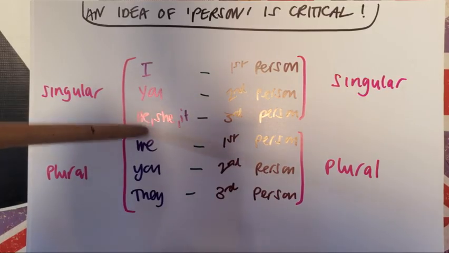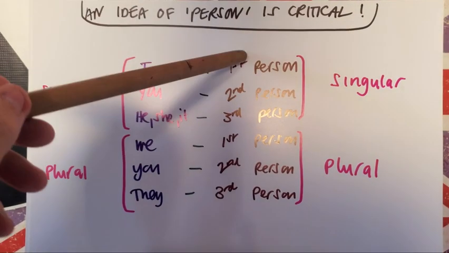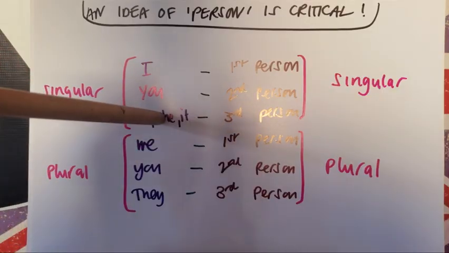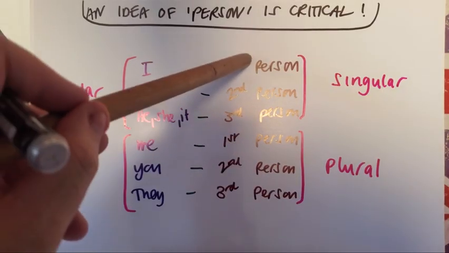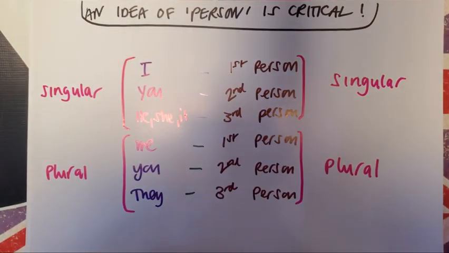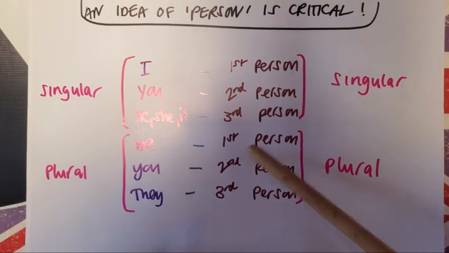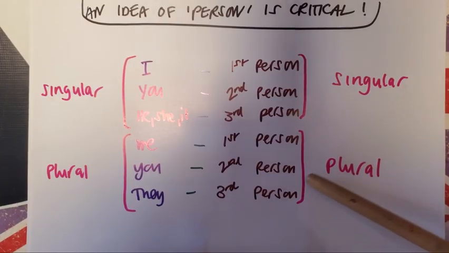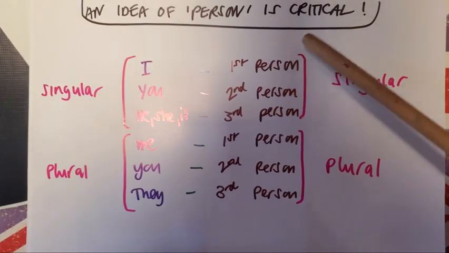I, you, he, she, we, you, they. The first person is called I, the second person is you, the third person is called he. Now the second group, we start again. This is called the first person plural, the second person plural, the third person plural, do you see? So this is how they do it.